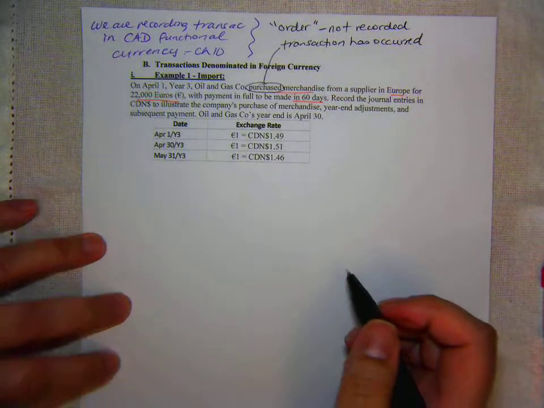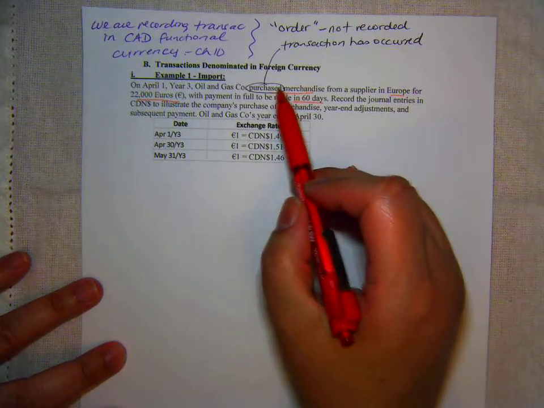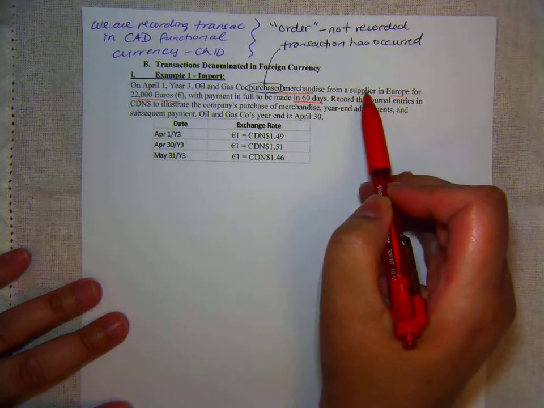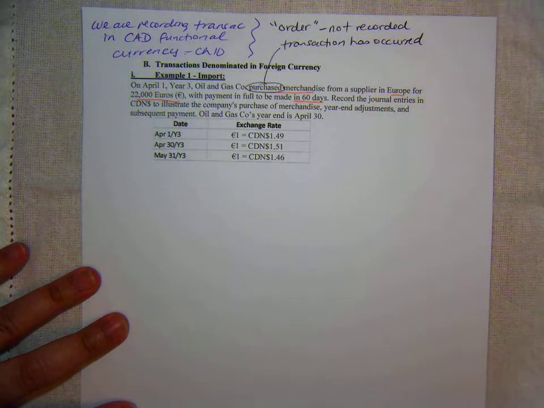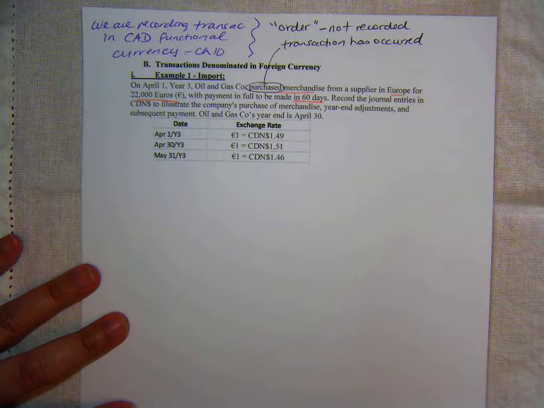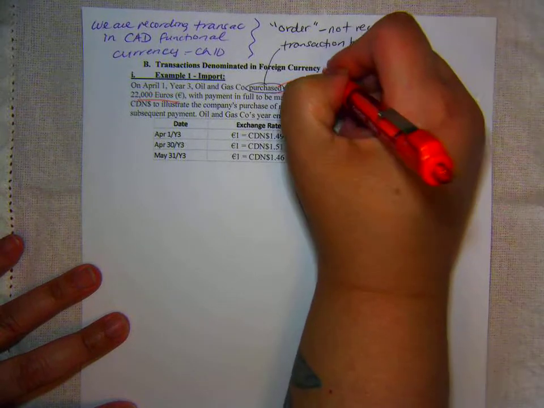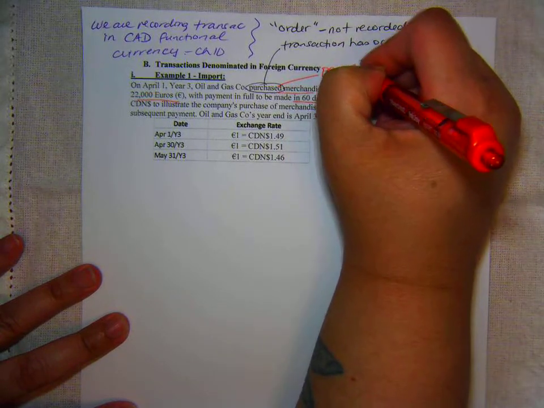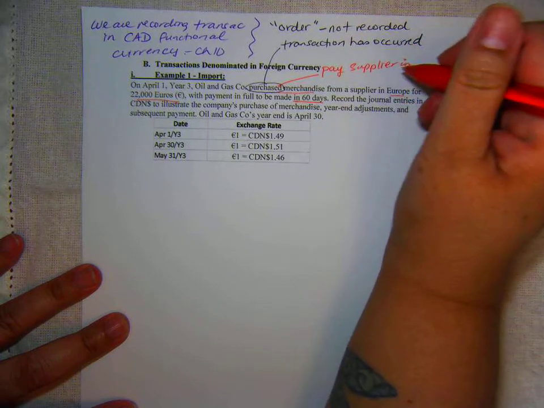Can't spell occurred. Hopefully it's close to being right. So oil and gas purchased merchandise from a supplier. Does that mean we're going to have to give away foreign currency in the future, or we'll be getting a bunch of it? Well, if we made a purchase, we're going to have to pay the supplier euros.